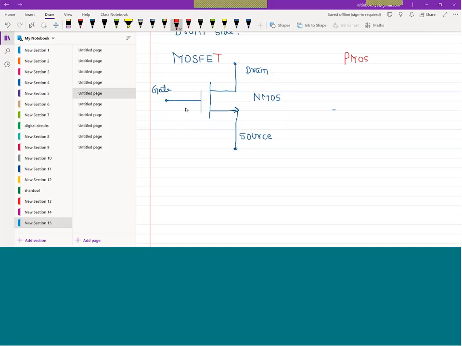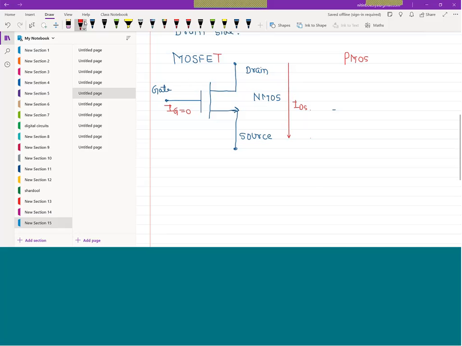And one more important thing, there is no current from the gate terminal. Ig is always equivalent to 0. The only possible direction of current is given by this, and this current is IDS. You will get the current from drain to source, in the direction of this arrow, of course in the forward active region, or we will say in the flat region.